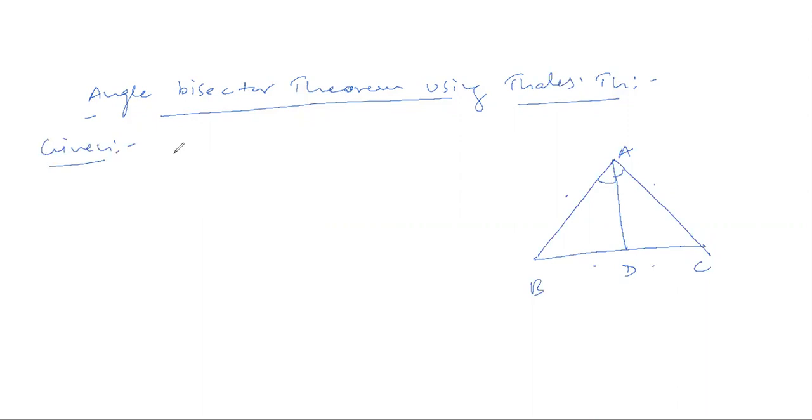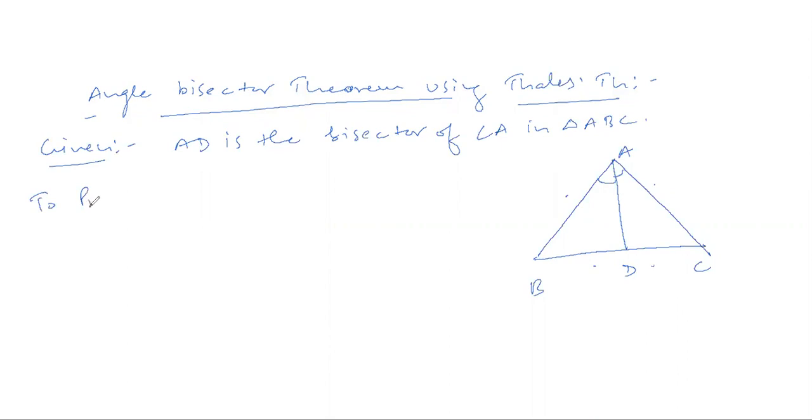We are not given anything other than AD is the bisector of angle A in triangle ABC. Only this is given to us.